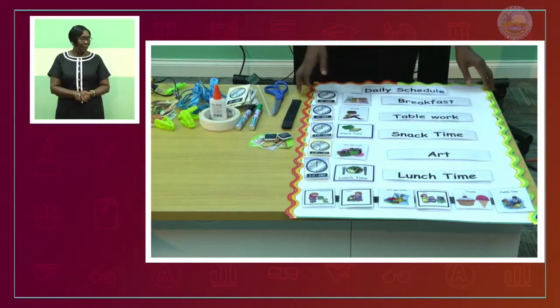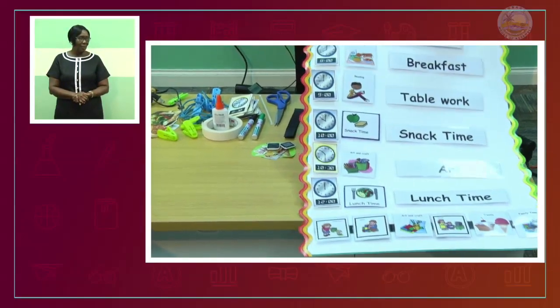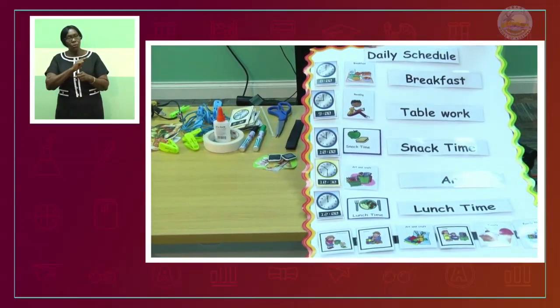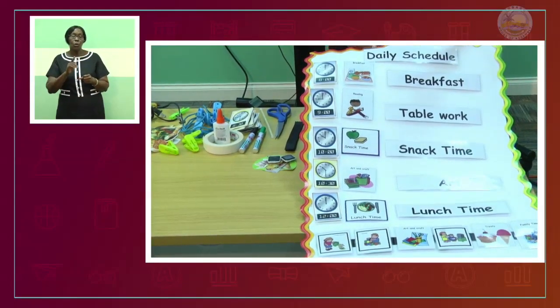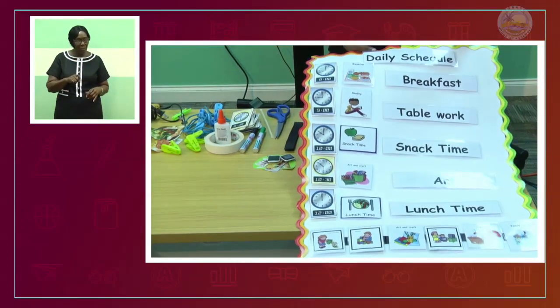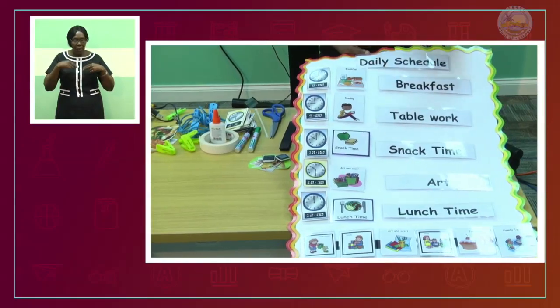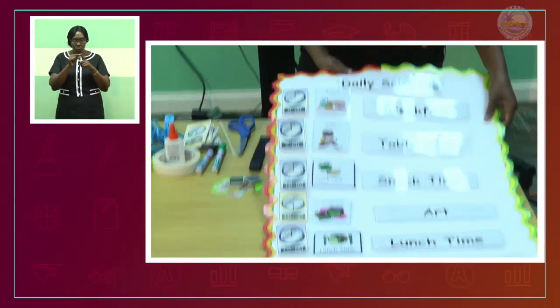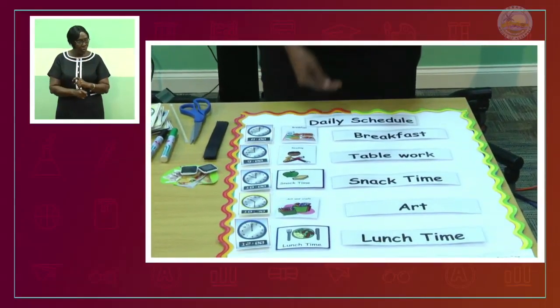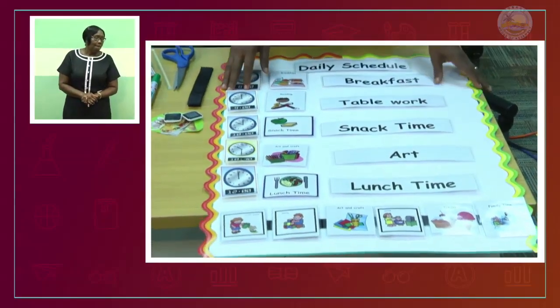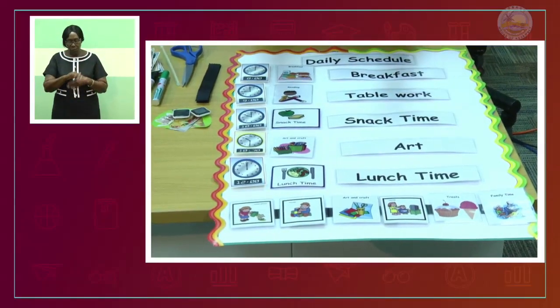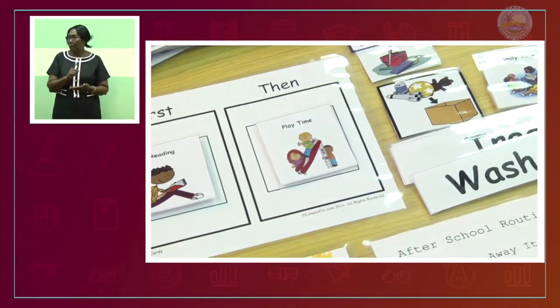So you can make the schedule to suit your child's individual needs. Whatever your child has to do when the day comes, you would have the pictures and you would also have the task card, and it could change. All right, so it's versatile, so that the child would be able to do all that needs to be done, and it helps you, the parents.